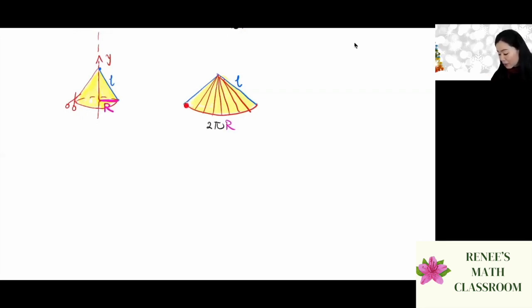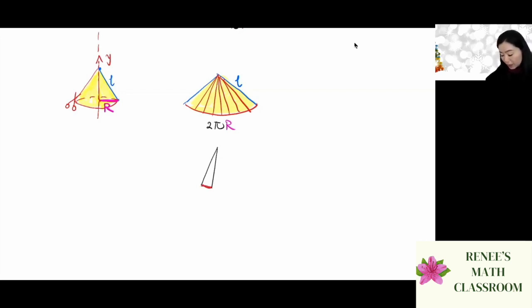You can approximate that by the line segment connecting this point and this point, right? Because this one here is so small, so short, it's almost like a triangle.